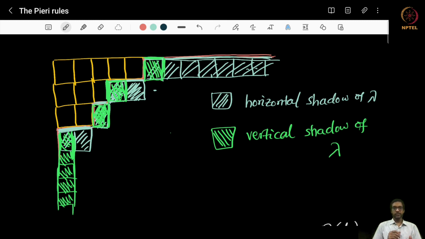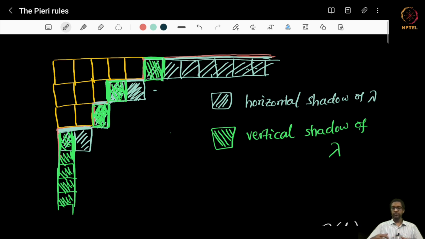Mu contains lambda, but you make it bigger in a very special fashion. You are allowed to add some additional boxes to the boxes of lambda, but you're only allowed to add boxes which lie in the horizontal shadow of lambda.